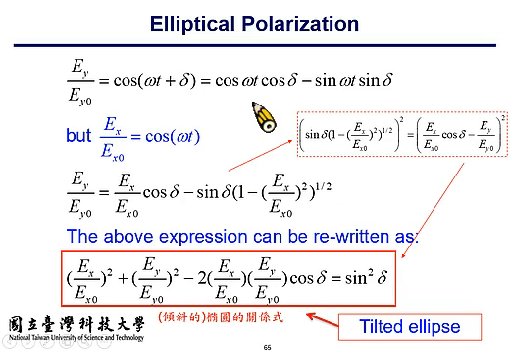So if we do the same thing for the EX component, EX over EX sub 0 is cosine omega t, then we can substitute cosine omega t with EX over EX sub 0 over here. So you end up with this.